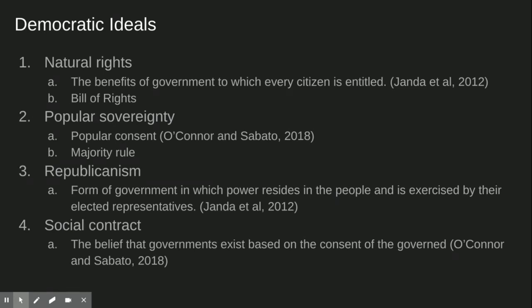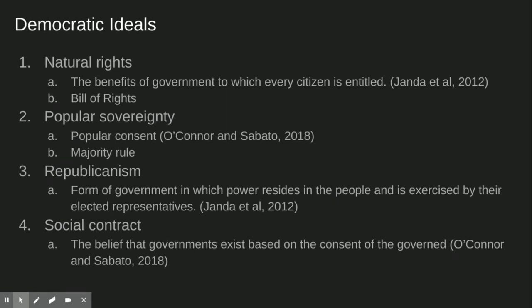The fourth democratic ideal is the social contract, and that is related to natural rights. The social contract is the belief that government exists based on the consent of the governed, that we, the people, give the government permission to be the government.